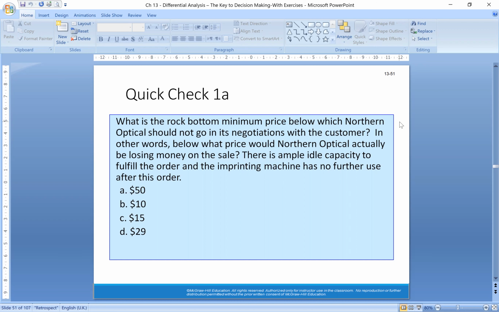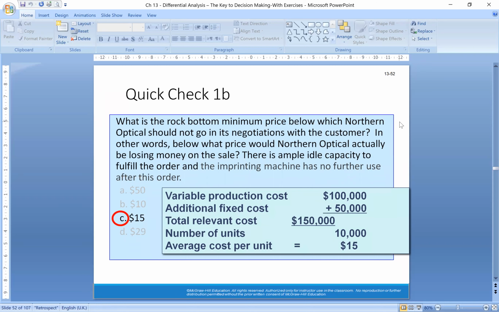We have to include incremental costs, which can lead us to the minimum price that we can accept. So the variable production cost is 100,000, right? The additional fixed cost, we have to purchase a machine for this special order, is 50,000. So total relevant costs will be 150,000.